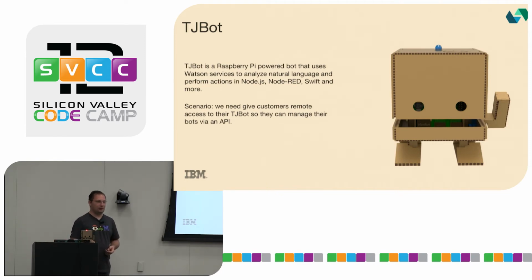It uses 6 Watson services, so it can translate content from one language to another. It can recognize objects and colors using images that you capture via the camera. It can listen to you using the microphone and the Watson speech-to-text service, and then it can talk back to you using the Watson text-to-speech service and the speaker.